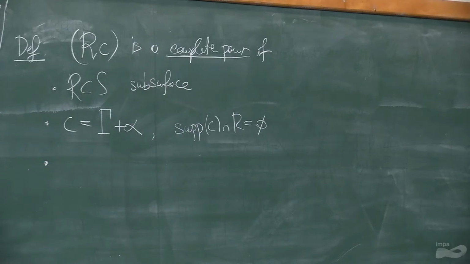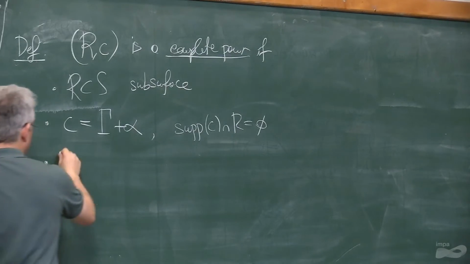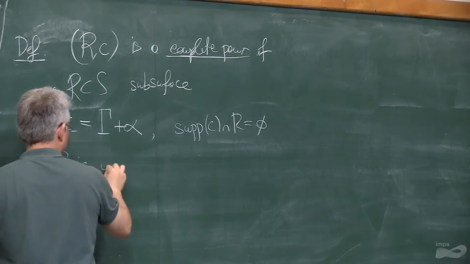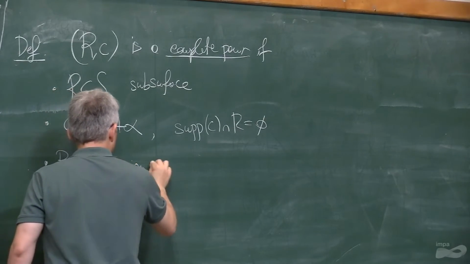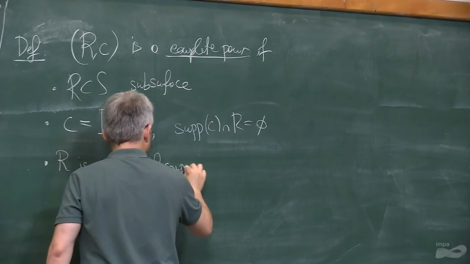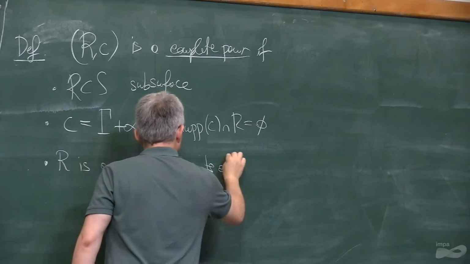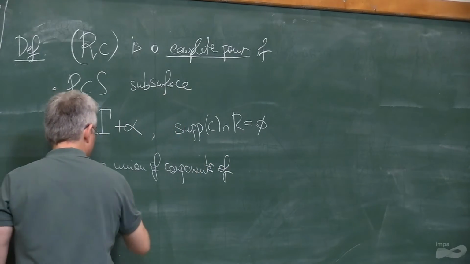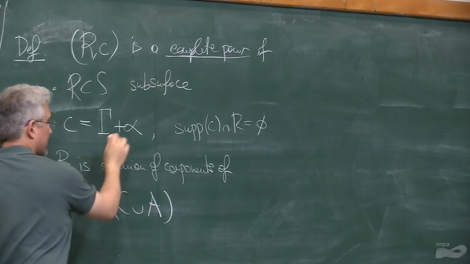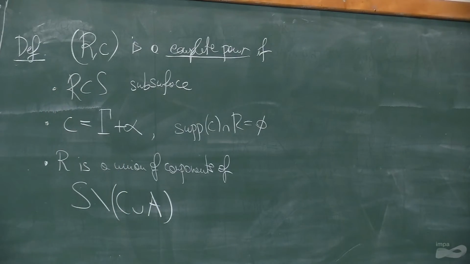But we also want another condition, that R is a union of components of the surface S when we remove, again, C and alpha. It is a union of some of these components.